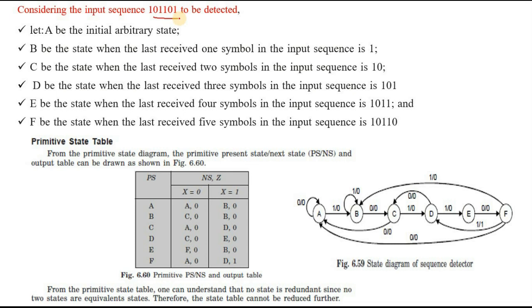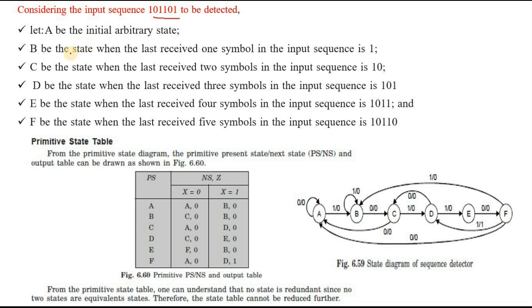I have given a set of things. How many bits are there? 1, 2, 3, 4, 5, 6. Last bit is 5. So start with the initial state, an arbitrary state.